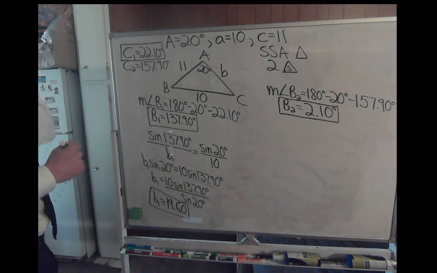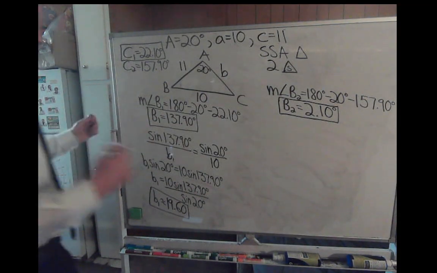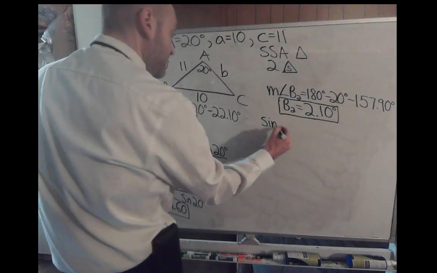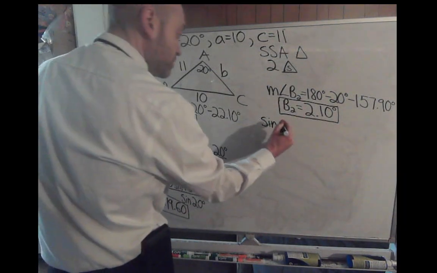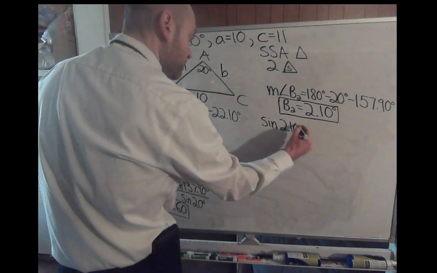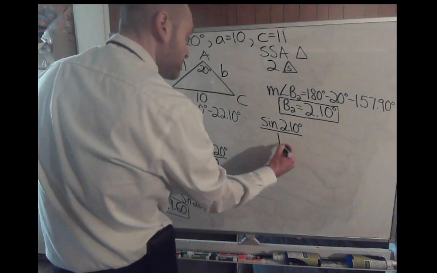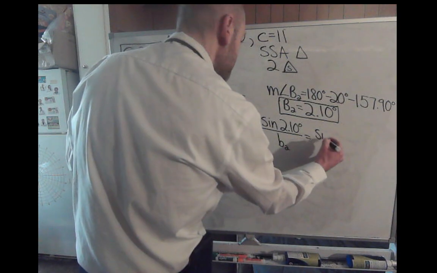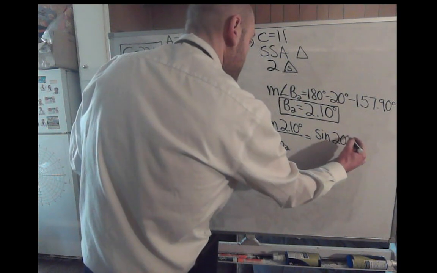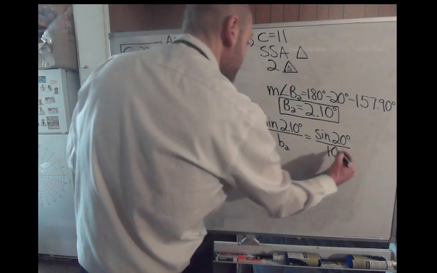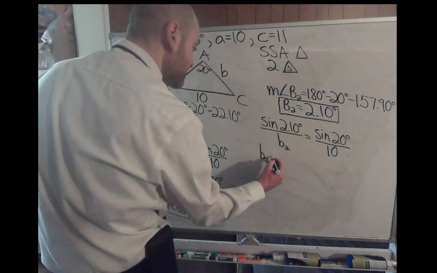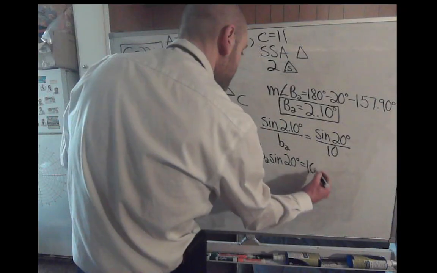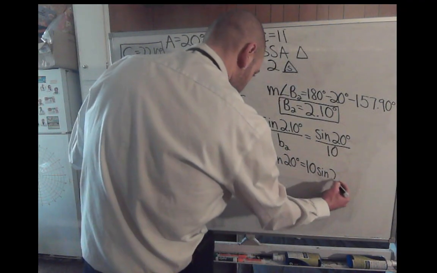Now, we also need to find side B for the second triangle, so let's take the sine of that angle B, which would be the sine of 2.10 degrees, all over our B sub 2, set that equal to our sine of A, which is the sine of 20 degrees, all over our A of 10. So B sub 2 sine of 20 degrees equals 10 times the sine of 2.10 degrees.